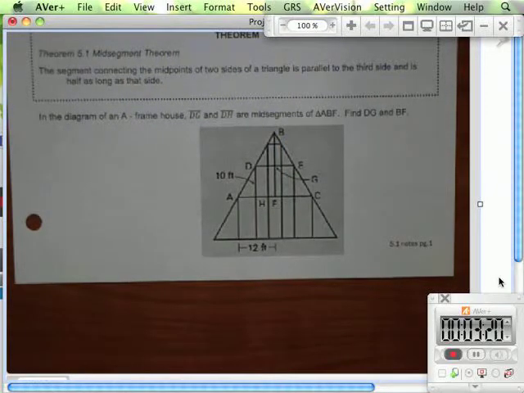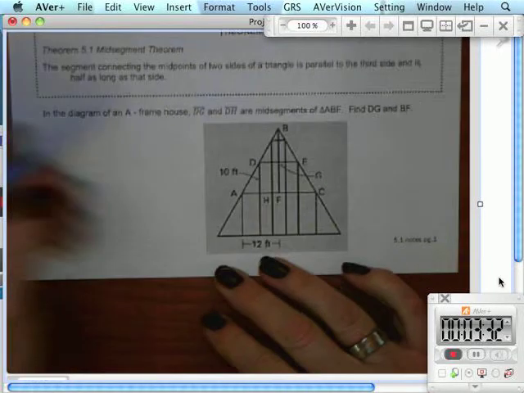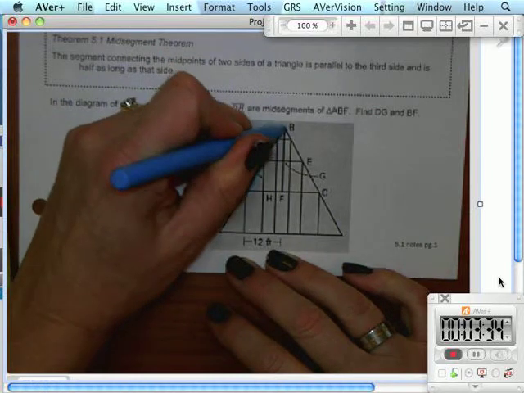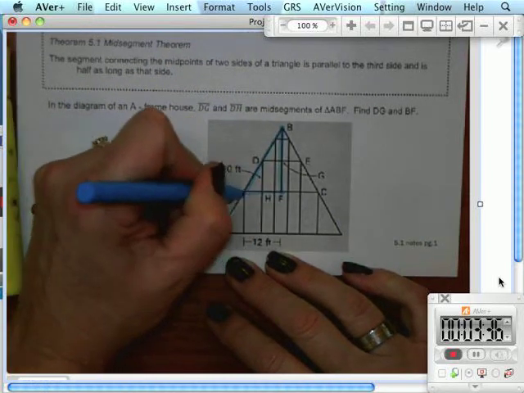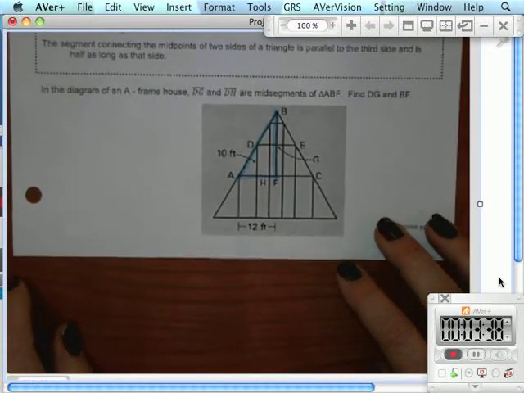In the diagram of an A-frame house, DG and DH are mid-segments of triangle ABF. Okay, so first what I'm going to do is I'm just going to highlight triangle ABF so I know where I'm working here. There's triangle ABF.